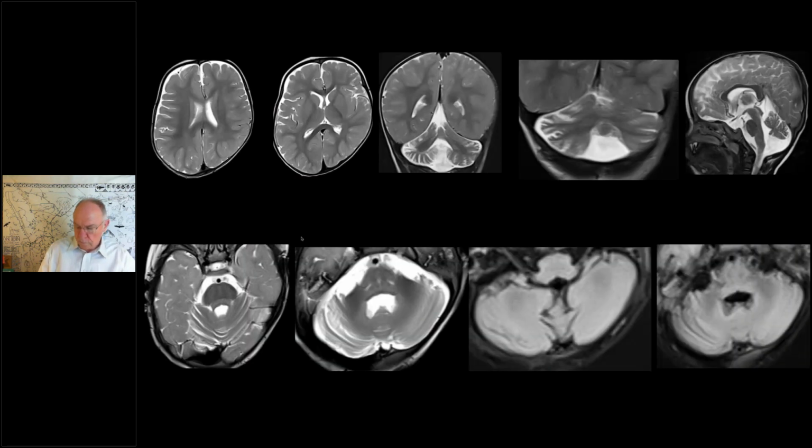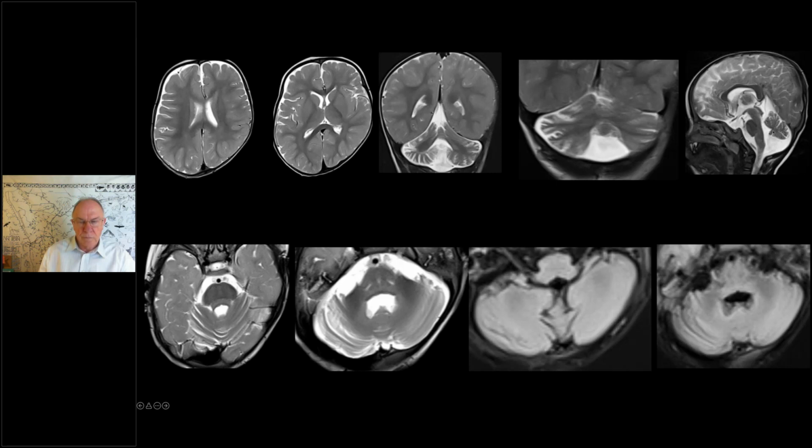So this is the imaging done. We have the axial T2 on top. Supratentorial brain parenchyma, cannot appreciate any abnormality. No malformation, no focal lesions. The deep brain nuclei are normal, but you can clearly appreciate that there is some degree of volume loss in the posterior fossa, that is cerebellum, in comparison to the supratentorial brain, with widening of the interfolial spaces, which can also be seen on the sagittal images.